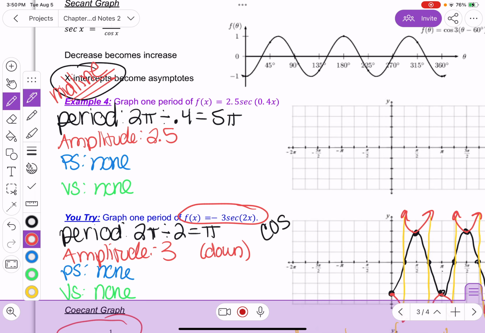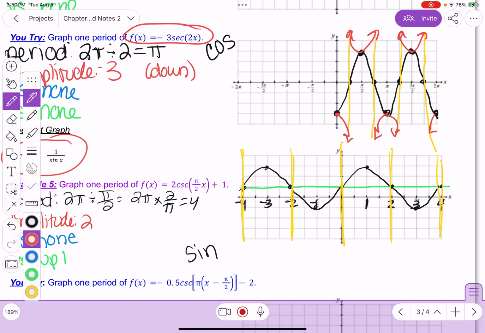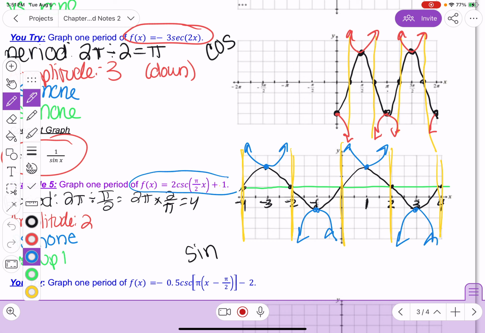So if you have a vertical shift, it's those midline intercepts that become the asymptotes. Then we flip our bumps, because that midline still has to be the midline. So if you add a vertical shift, that green line still needs to be the middle of your secant bumps and your cosecant bumps.